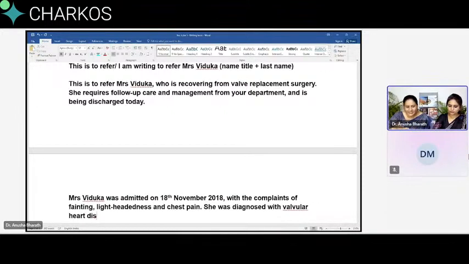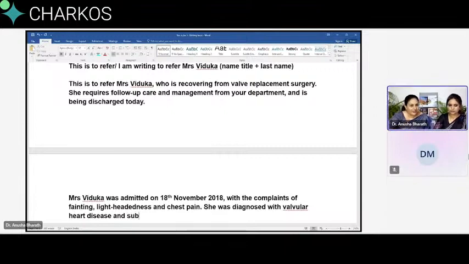And when you have found that, that is why you have done a mitral valve replacement. So here is where the connector can be used. Yes, she was diagnosed with valvular heart disease, and the subsequent procedure was performed.